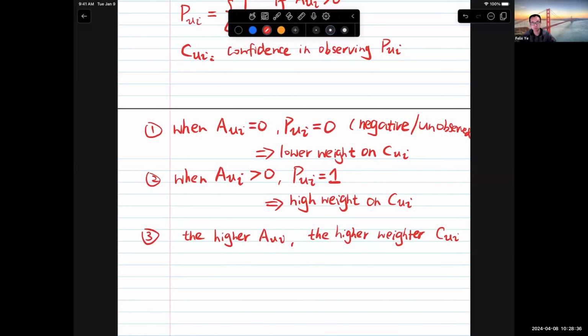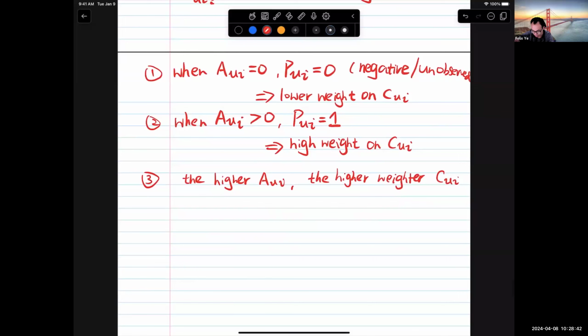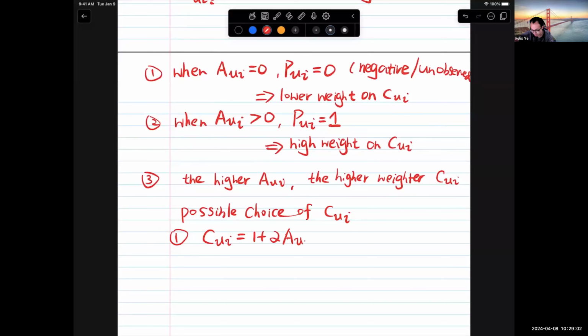So there are multiple methods to get a CUI. One possible choice, the first, is CUI equal to 1 plus alpha AUI.